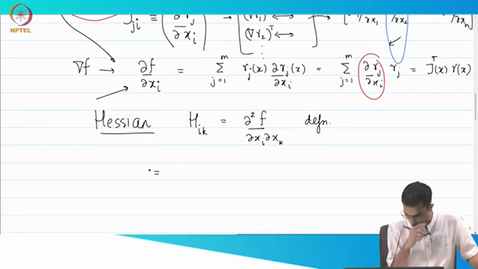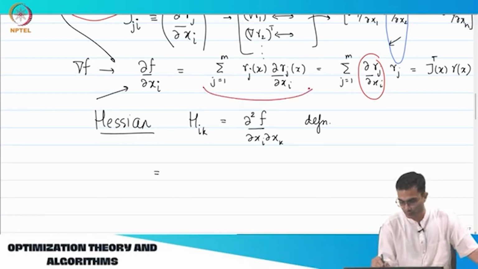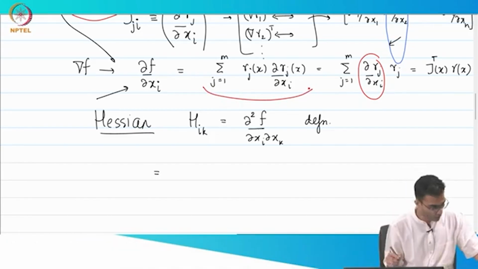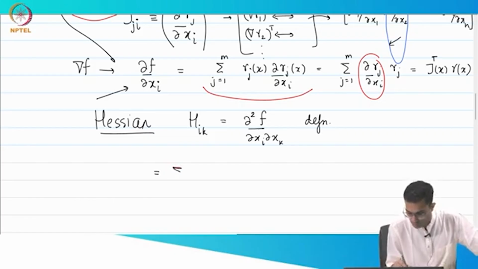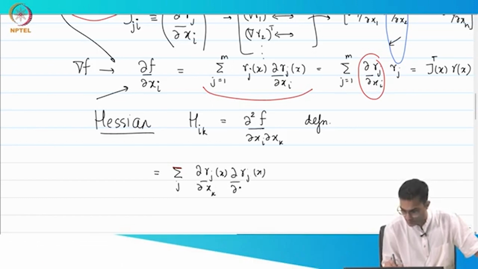So this is going to be equal to, so two terms over here. Let me underline it once again. This is what I'm looking at. I need to take the derivative with respect to xk. Okay, so this summation, the summation over j will remain. Okay, so dr_j(x)/dxk times dr_j(x)/dxi.